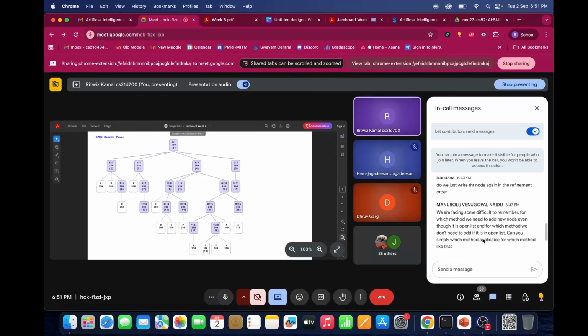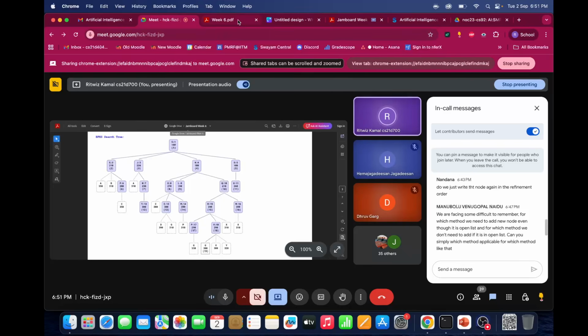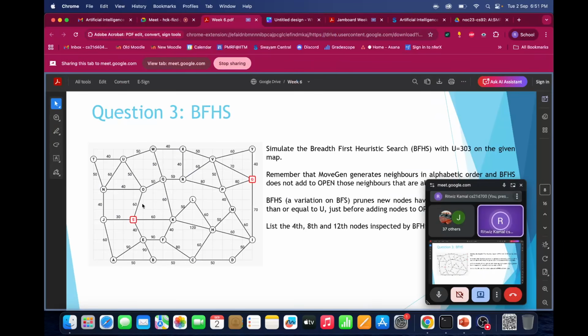If you see over here, we are taking this same graph and applying all the different methods to it, starting from the very early methods. Similarly, you take some graph.